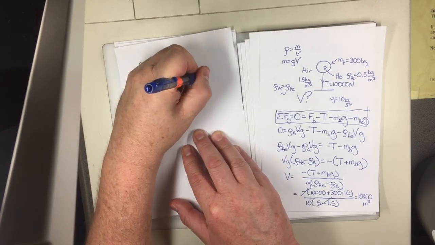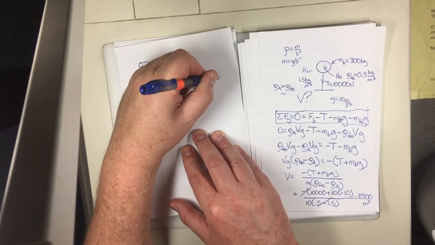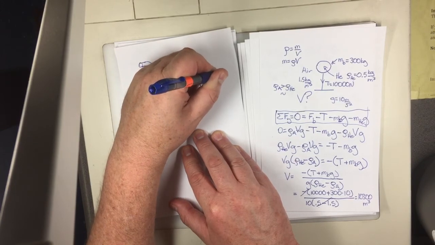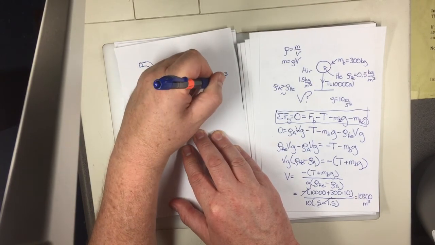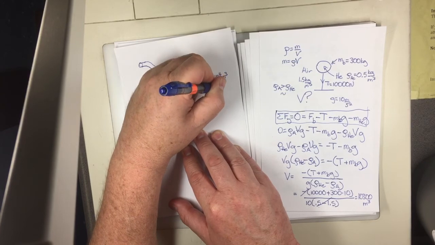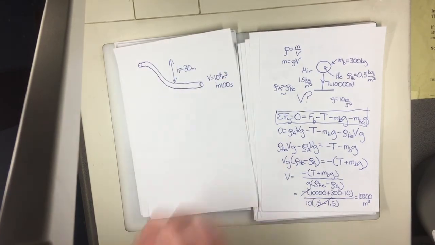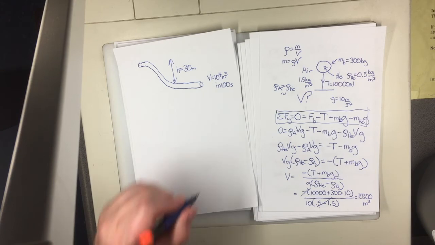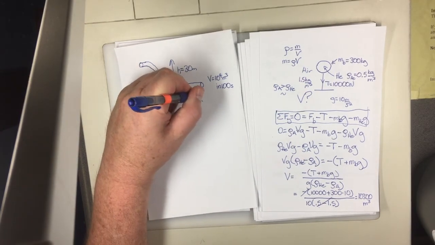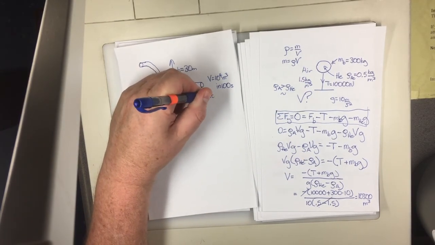At the bottom, the total volume is 10,000 cubic meters in 100 seconds. So 10,000 cubic meters comes out of that pipe in 100 seconds. The pressure at the bottom is 8 atmospheres.